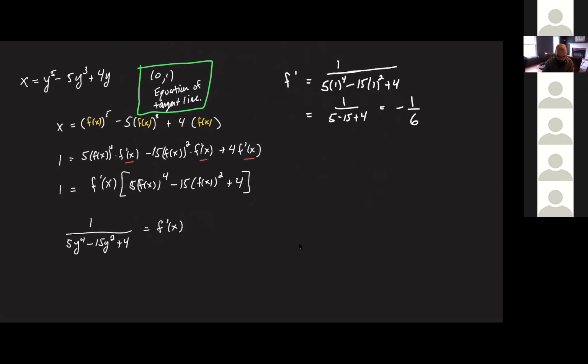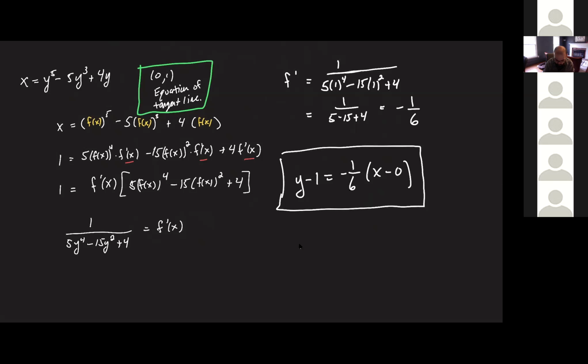Okay, so putting it all together, our equation should be y minus our y value, which is 1, is equal to our slope times x minus our x value, which is 0. We're going to jump over to Desmos and verify this. It's possible that I made a mistake here, but I'm going to have you all double check me. Does this line up with what you got? Did we make any mistakes along the way?